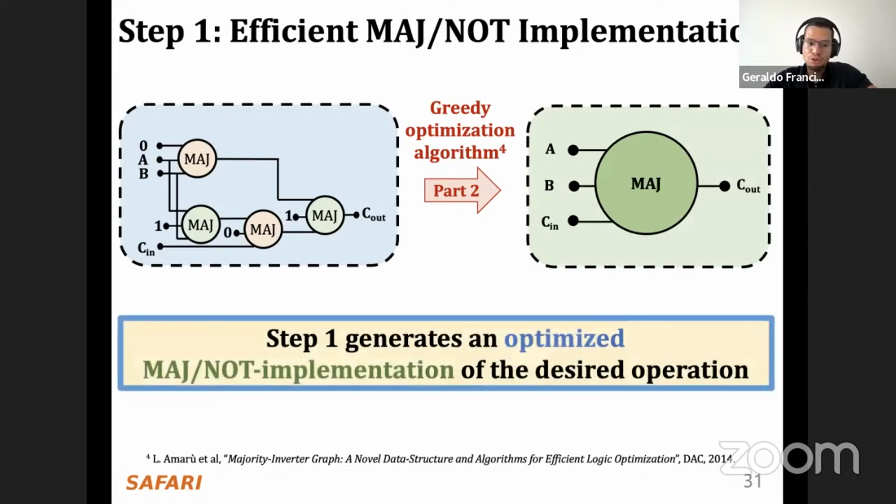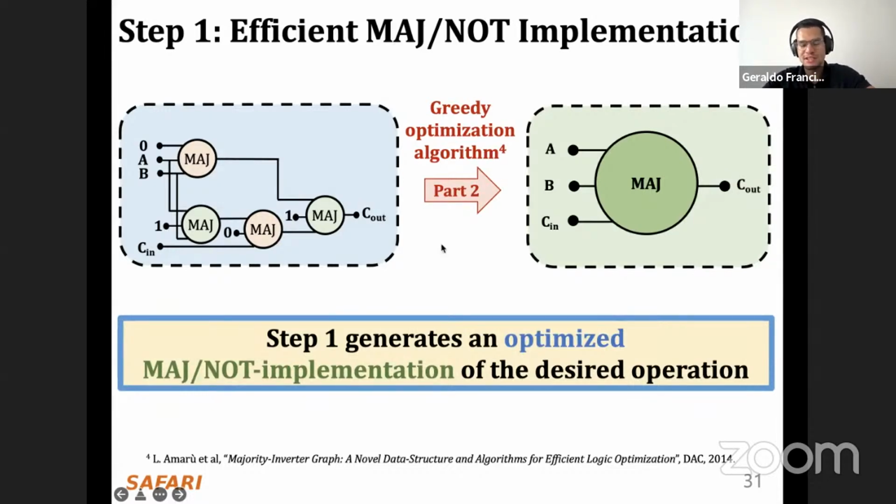At the end of this step, we are going to have the optimized majority-not implementation of the desired operation. Here, as you can see, we went from four different gates to only one single majority gate, and both of those circuitries are equivalent because of this graph optimization algorithm.